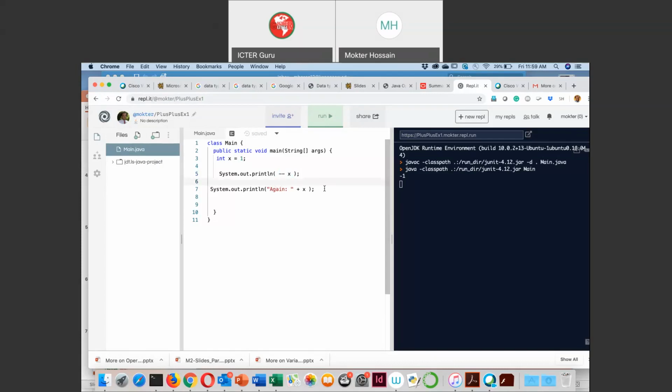Then, do you know what will be printed here after again? Not correct. Still, it will show the value x equal to 0.